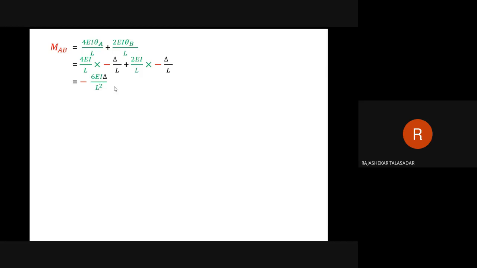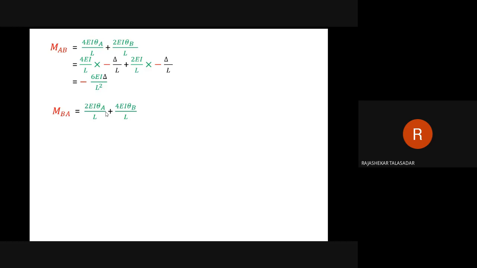Am I right? These are the two equations. Already we have derived the first two terms. This is the end moment due to rotations. Now what are the rotations due to settlement? Theta A is minus delta by L. Theta B is minus delta by L. So if you simplify this, you are going to get minus 6 EI delta by L square. Am I right? Similarly, what is MBA?